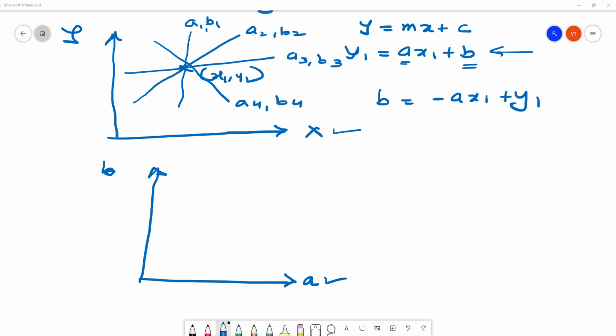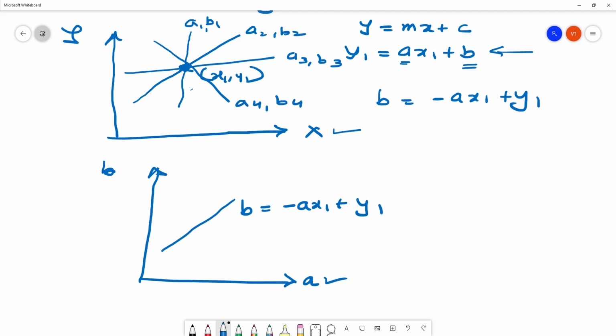Here we'll get one single line for the point x1, y1. I can write this line as b equal to minus ax1 plus y1. This entire line in the AB plane is due to a single point in the XY plane.